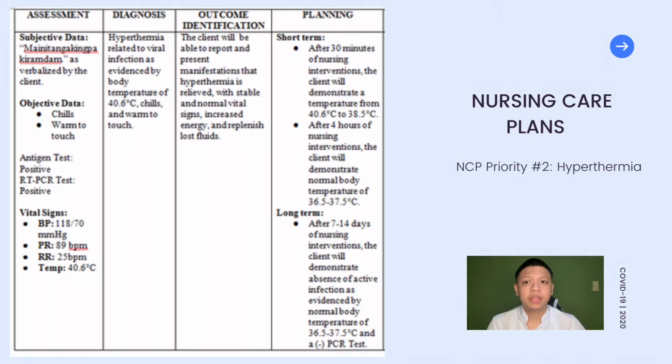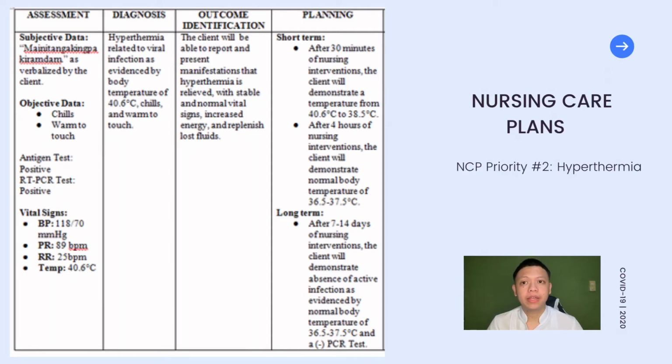Now for the planning, we have short-term and long-term plans. For the short term, within the first 30 minutes of nursing interventions, the client is expected to demonstrate a temperature decrease from 40.6 degrees Celsius to 38.5 degrees Celsius. Then after 4 hours of the nursing interventions, the client is expected to demonstrate normal body temperature of 36.5 to 37.5 degrees Celsius.